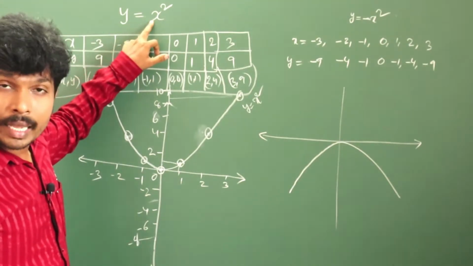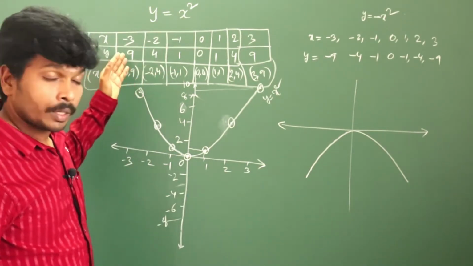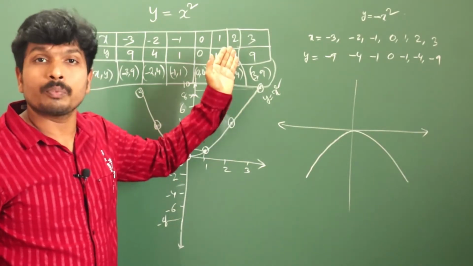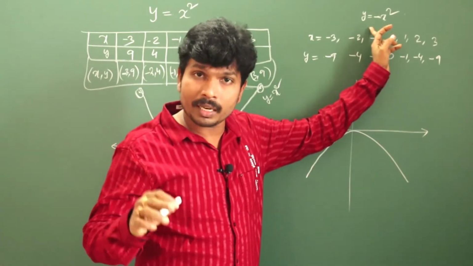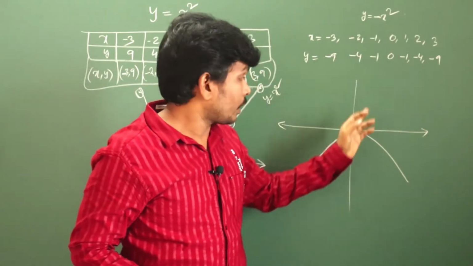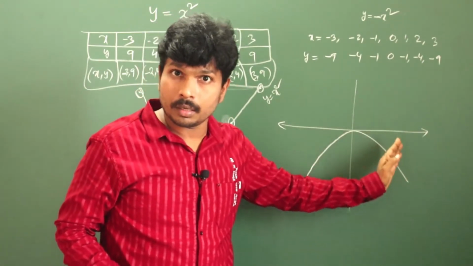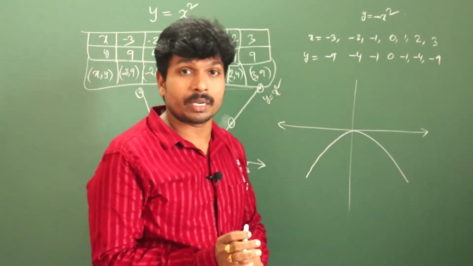If a is positive, meaning the x square coefficient is positive, then the parabola opens upwards. If the x square coefficient is negative, meaning a is less than 0, then your graph is a parabola opening downwards. These are the points you must remember.